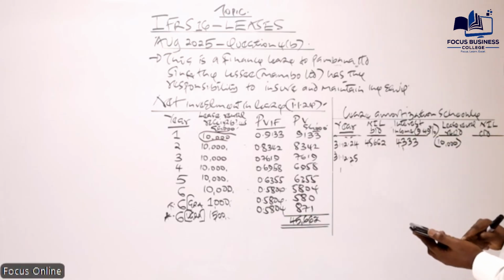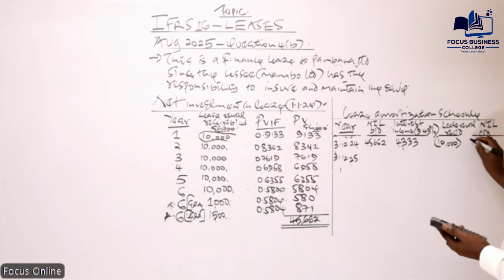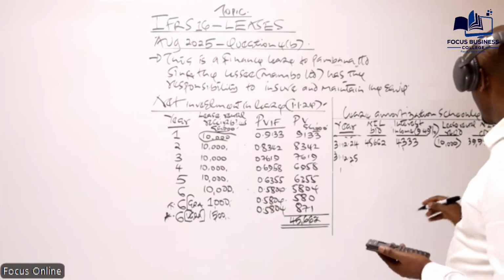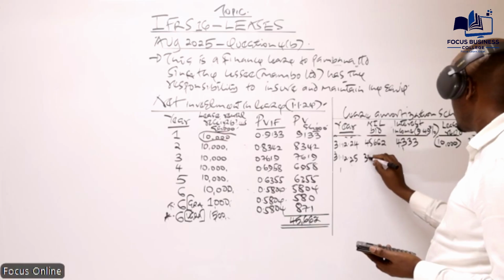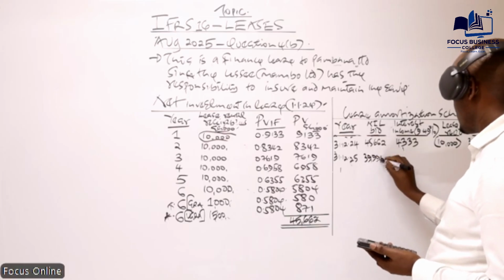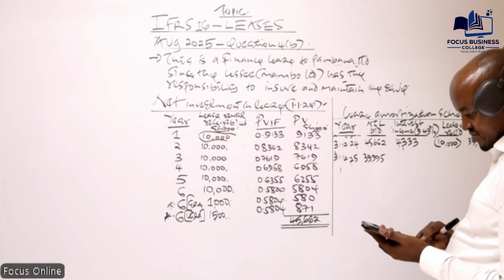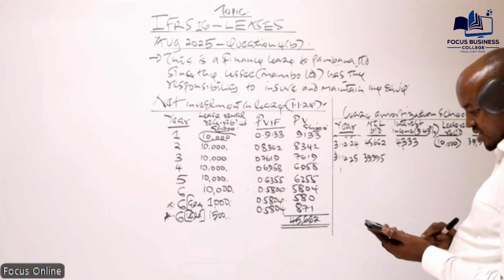So what are we going to have? 45,662 plus this minus 10. So that will give us 39,995. So what is the interest income for year 2?